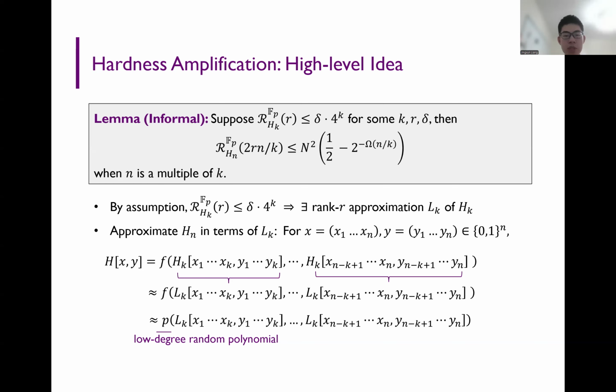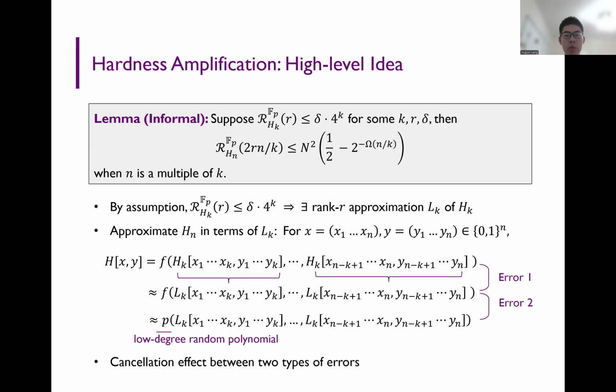However, it's a little bit tricky to analyze the error. One might try to bound the error in both steps separately and combine them by simply applying a union bound. But that doesn't work because the errors in both of the two steps are very large. Each changes close to half of the entries.